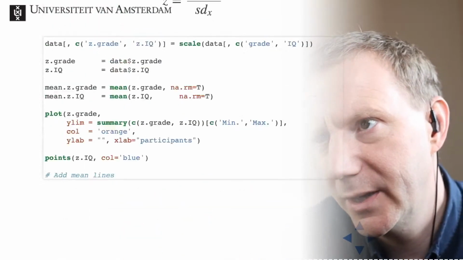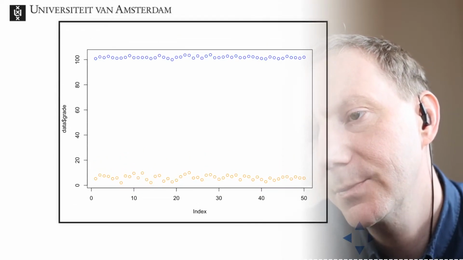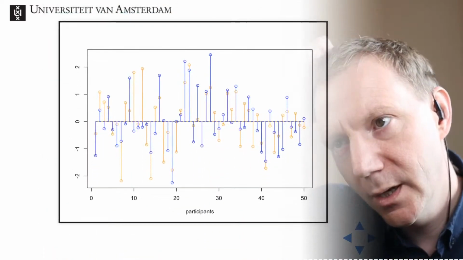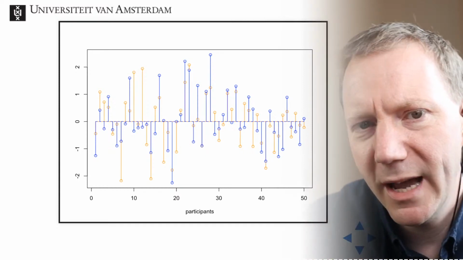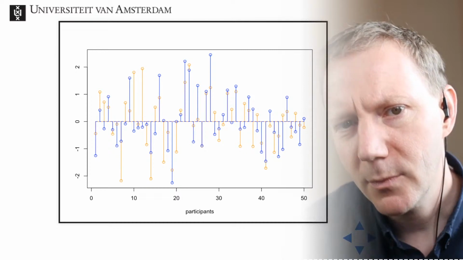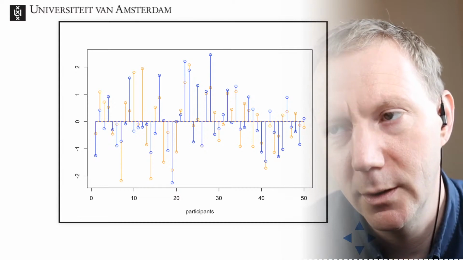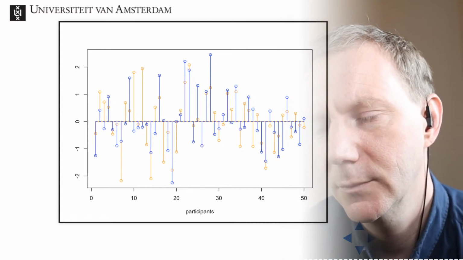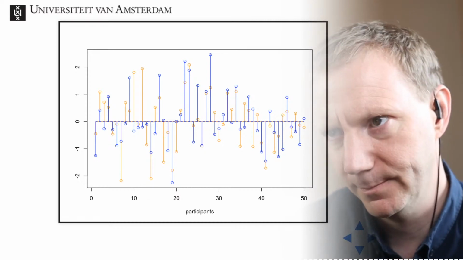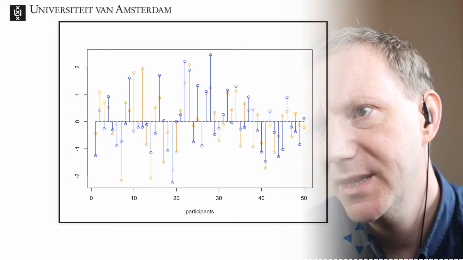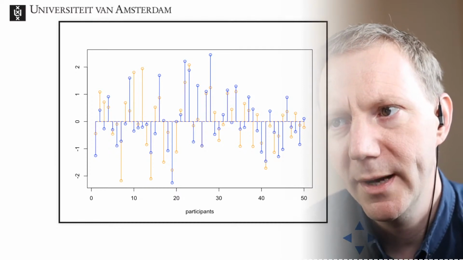I still have IQ, and IQ is blue, and the grade is orange. So now we have the people on the x-axis, and we have both the scores standardized on the y-axis, where blue indicates that it's an IQ score, and orange indicates that it's a grade.